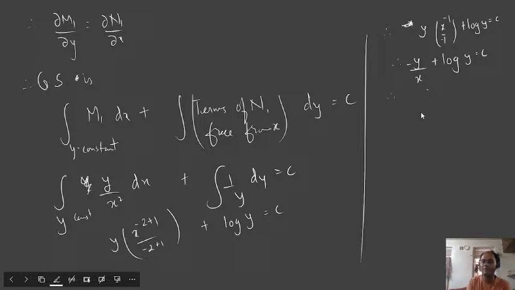This will give you, you can push this minus sign on the other side, and then you can write this as y over x minus log y equals minus c, and you replace minus c by another constant, c1. So y by x minus log y equals c1, so y by x equals c1 plus log y.